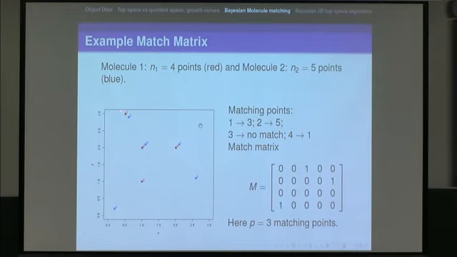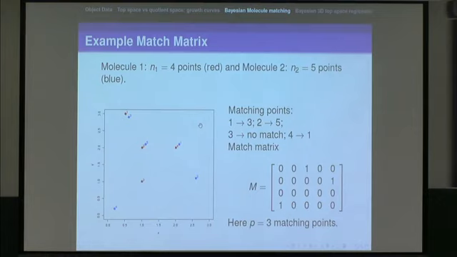So these 2 are considered a match. Point 2 in the reds matches well with the 5th one here. The 3rd one doesn't really match with anything, so there's no 1, and the 4th one matches with 1 here again. So this matrix, and it will be much bigger for, say, comparing two proteins, is something we want to do inference about, and it's an absolutely huge space.